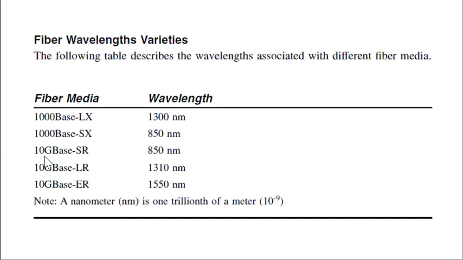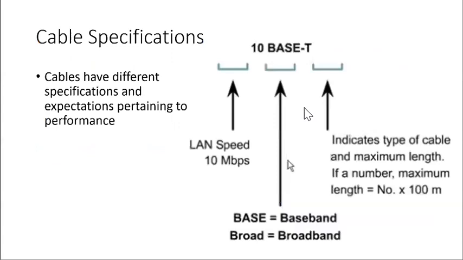For 10G base, multi-mode is 850 nanometer. 10G base single mode is 1310 nanometer, okay. And extremely long range, which is used by single mode, is 1550 nanometer. So these are some of the specifications, okay.